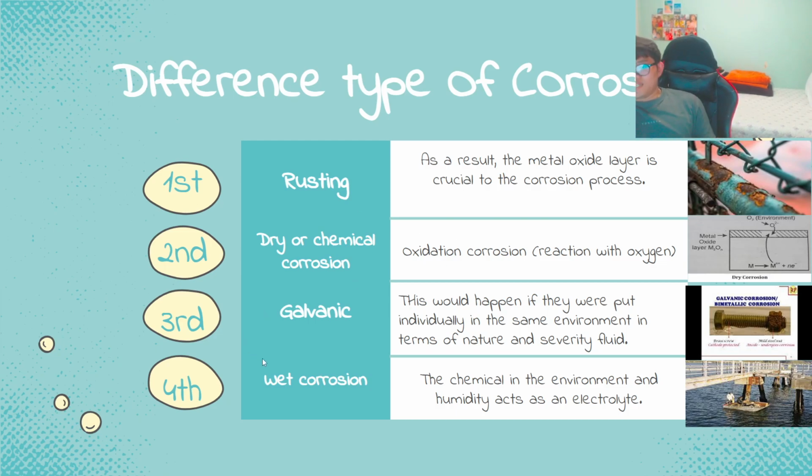Number three, galvanic corrosion. That happens if two metals are put together in the same environment, in the form of a natural or insulated fluid. As you can see, a screw and a nail right here are both metals, but they're put in the same fluid. The screw has turned more rusty than the nail right here.